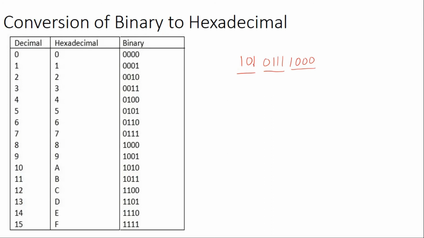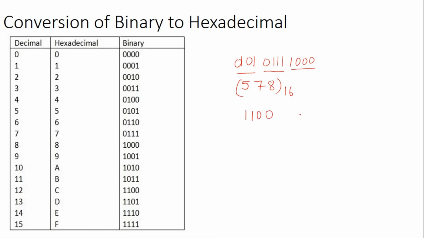Here we are getting only 3 digits, so we will add a 0. So we will search for which hexadecimal value the binary is 0101. It is for 5. Now we will search the next, 0111. 0111 is for 7, and 1000 is for 8. Okay, base 16.